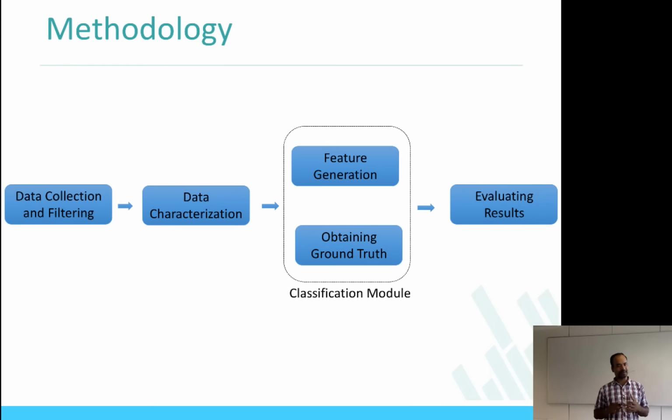Then some kind of data characterization, which is understanding how much data has come, what data has come, and things like that. Then feature generation, obtaining the ground truth, and then evaluating the results. This is a very high level, probably 30,000-40,000 feet view of what the majority of analysis on social media data would look like.